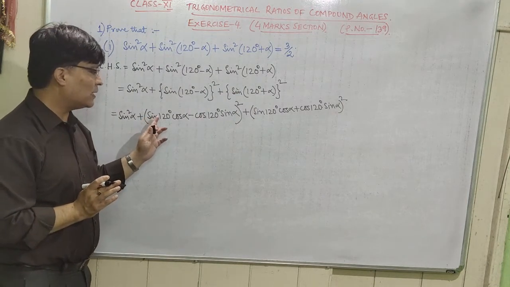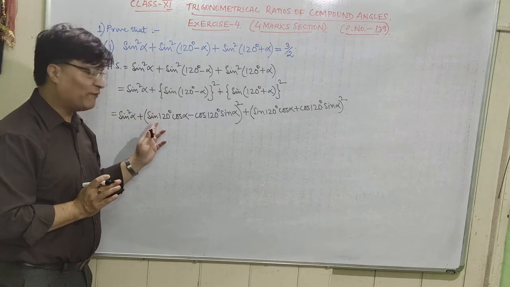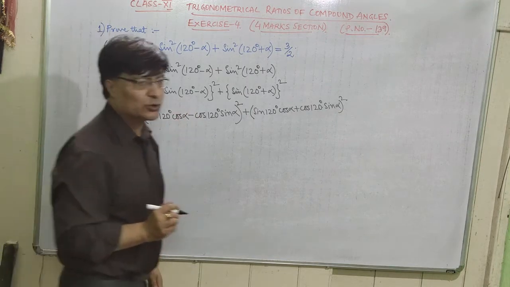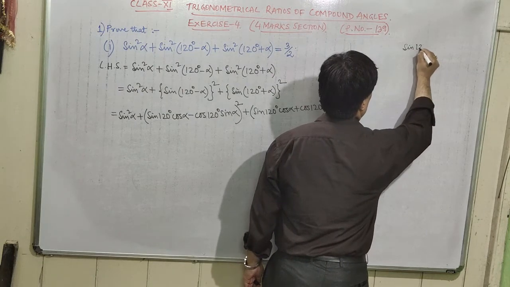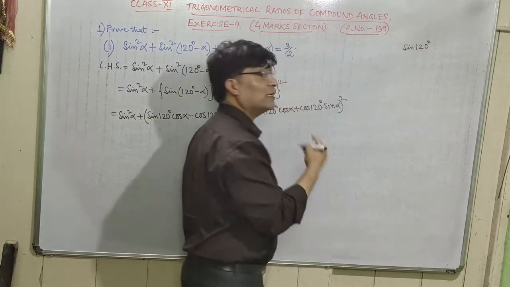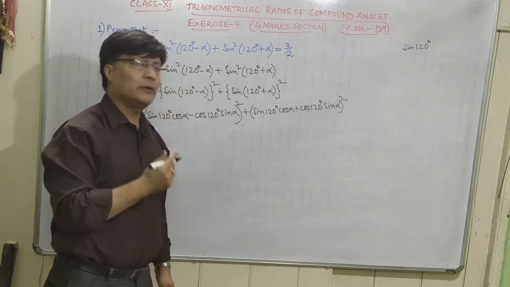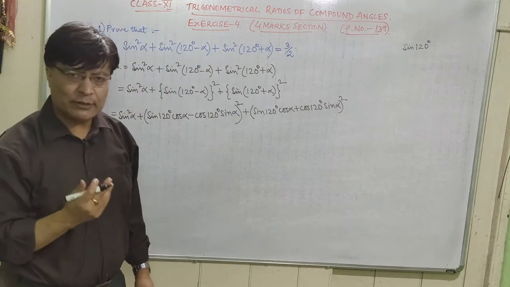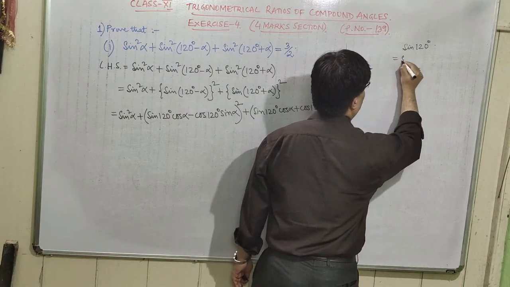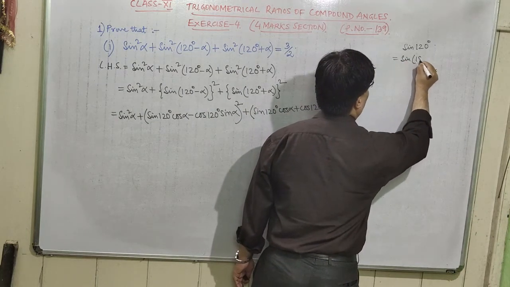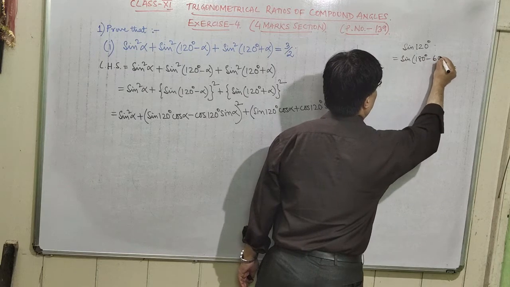So now you can find out the value for sine 120 and cos 120. So let us get the value for sine 120, right? So how can you get the value for sine 120? This 120 degree can be written as 180 minus 60 or 90 plus 30. So let us write it as sine (180 degree minus 60 degree).